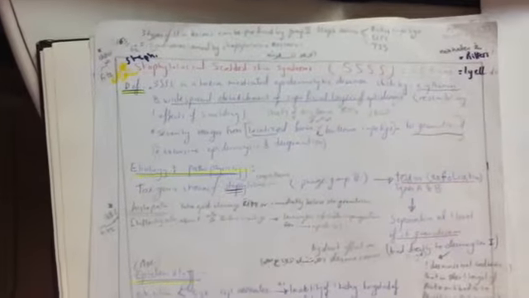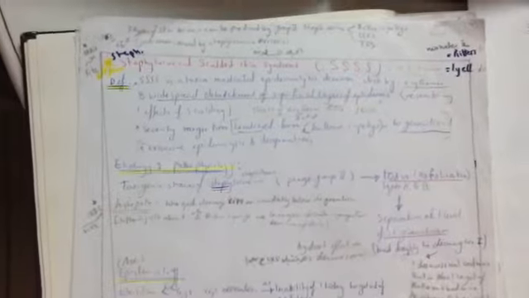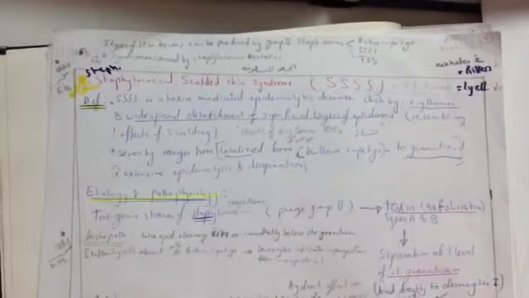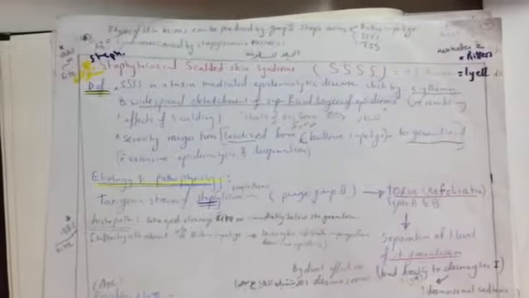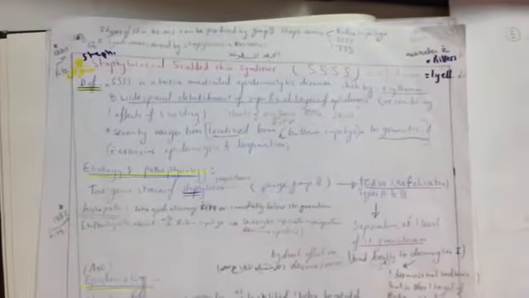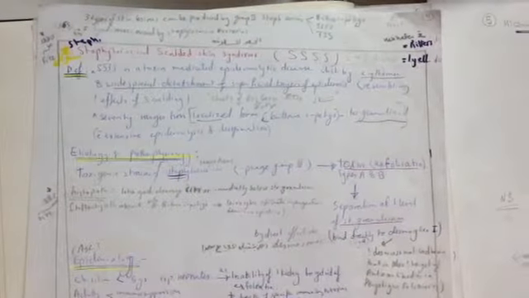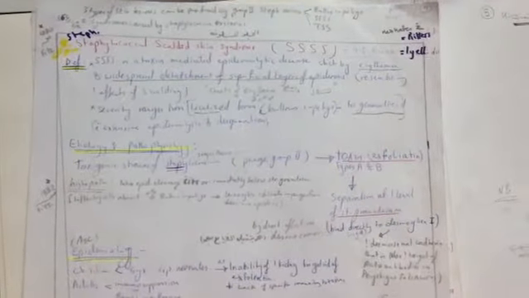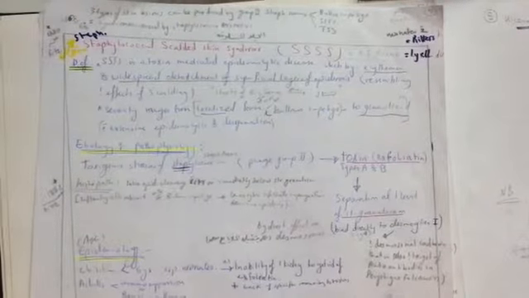The second thing is the staphylococcal scalded skin syndrome. Definition: staphylococcal scalded skin syndrome is a toxin-mediated epidermolytic disease characterized by erythema and widespread detachment of superficial layers of epidermis, resembling the effects of scalding.